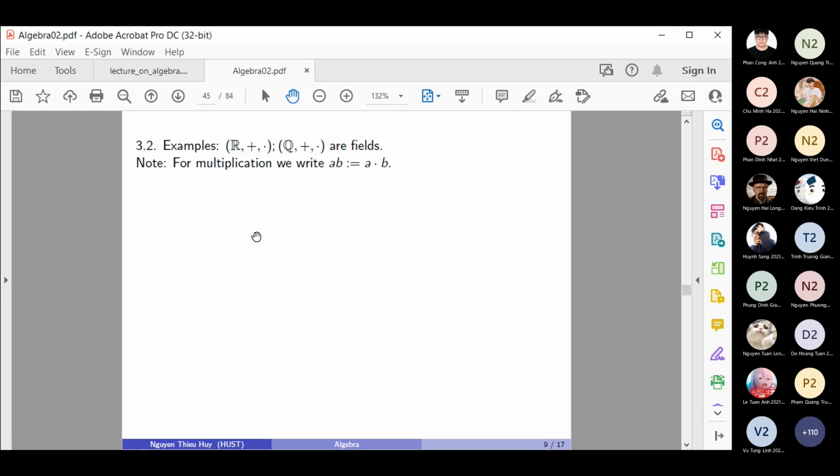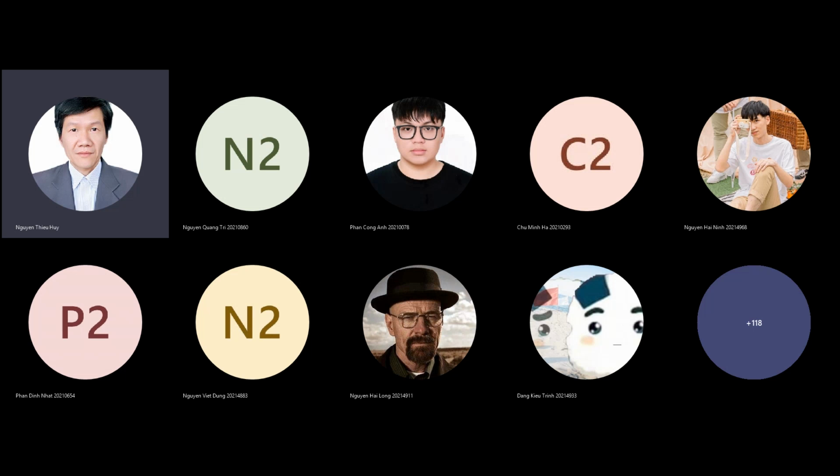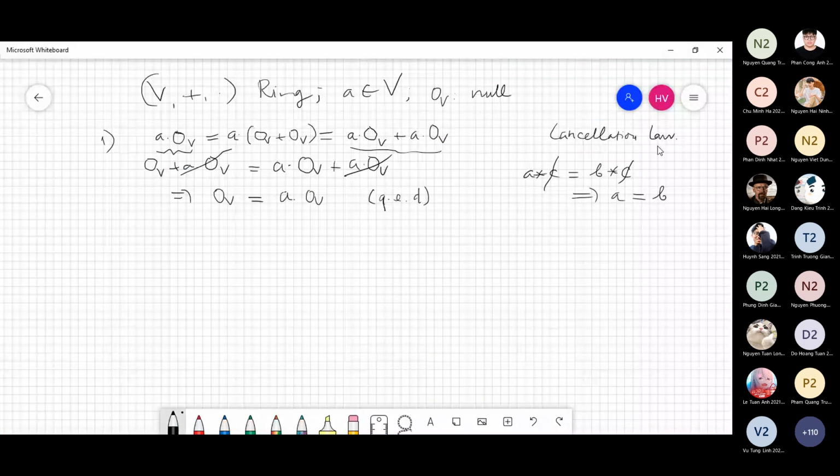Okay, now I'm going to tell you about complex numbers. Before I do that, I just ask you a question. You already knew about complex numbers, and the set of all complex numbers is denoted by C. Let me share this whiteboard and write the question on it so that it's easy to see.